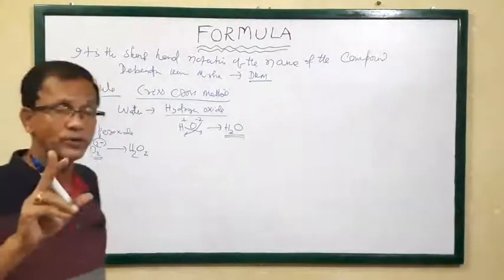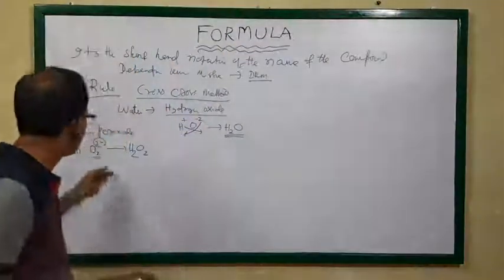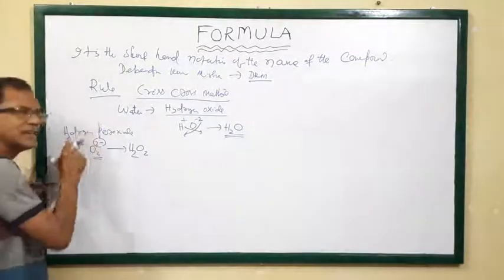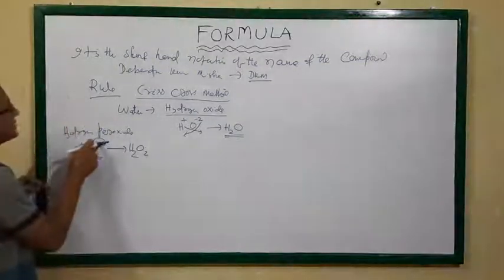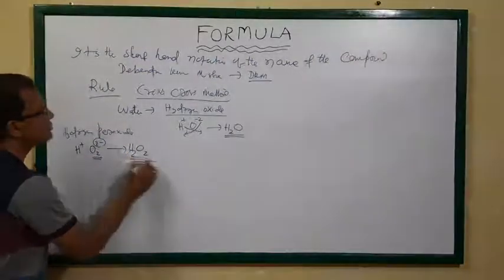For polyatomic radicals, the number of atoms cannot be changed. Peroxide contains O2 and its charge is 2 minus, that's why its valency is 2. The 2 will come to hydrogen, and hydrogen's valency 1 will be here. So that's why it is H2O2.